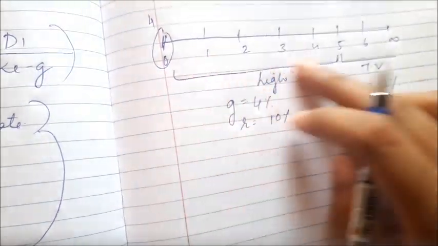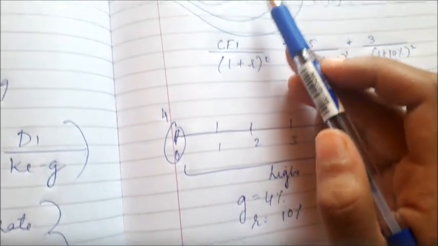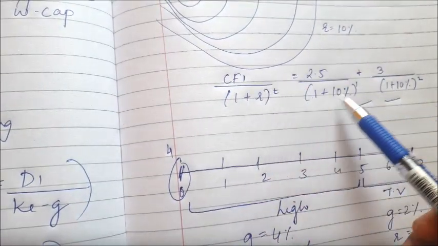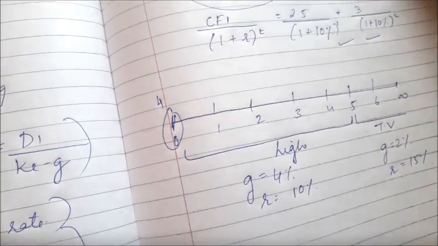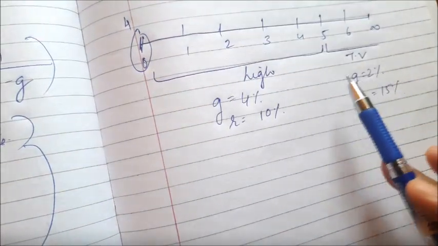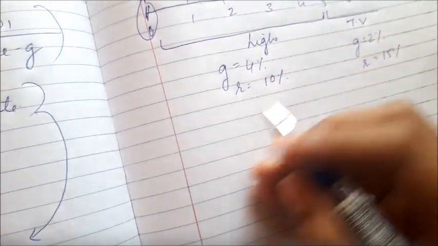So how to find the high growth period for even cash flows? If the cash flows are uneven, we do not have any option. We have to bring every cash flow to the present value. But if the cash flows are even, and there are two or three periods, like a high growth period and a stable growth period, we can have an easy way.